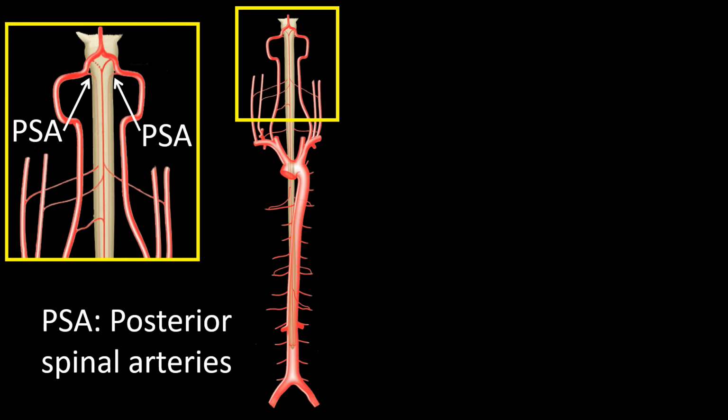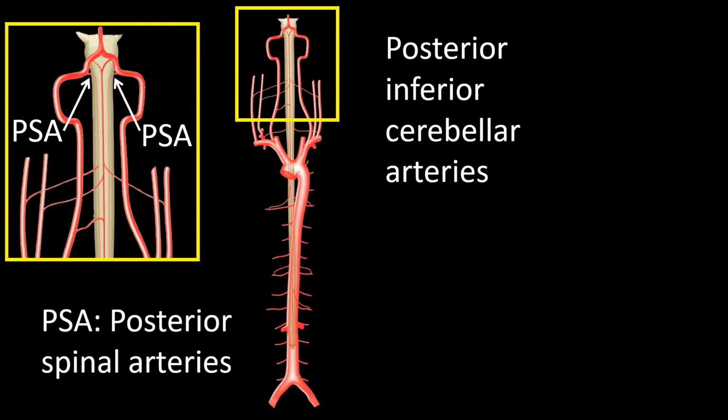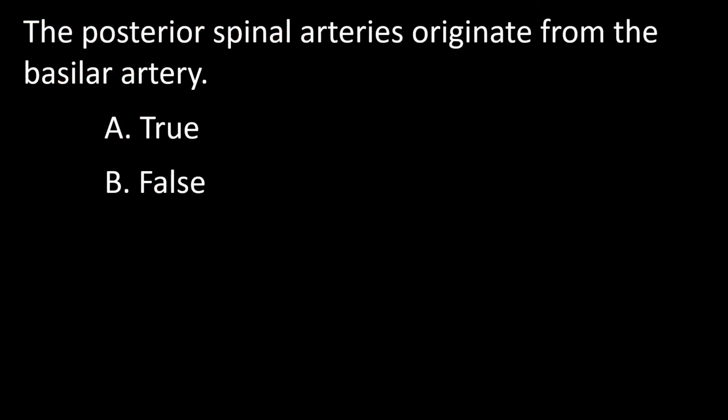In addition to the anterior spinal artery, we also have two posterior spinal arteries. They may also arise from the vertebral arteries, but in other instances they arise from the posterior inferior cerebellar arteries. This latter eventuality is not present in this drawing. So the answer to this question is B.